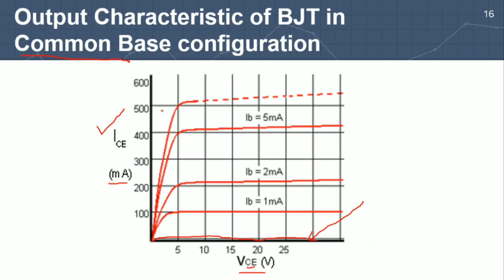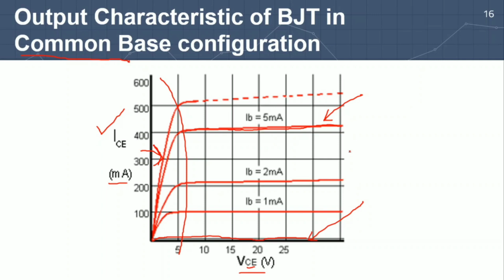cutoff region. This complete region is the linear region. You can see the current is linear with respect to your voltage. And this region where the current remains slightly constant, it is not completely constant, is called the saturation region.